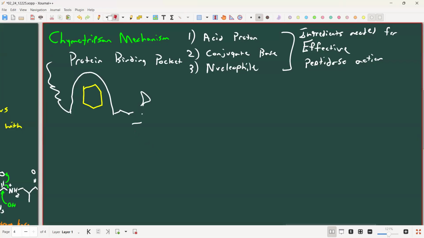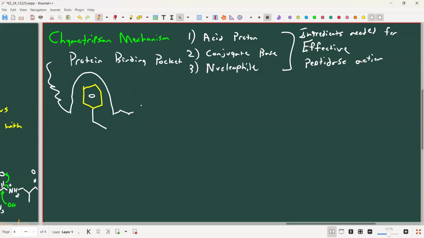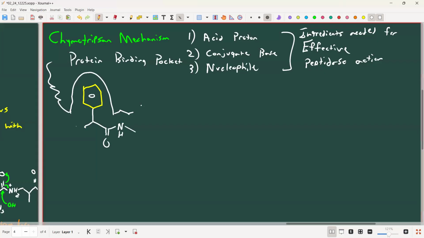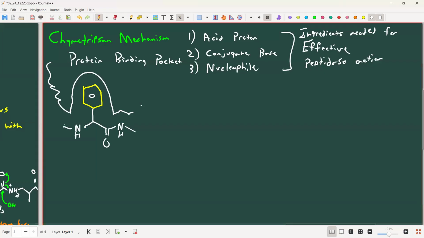It doesn't really matter here. It continues on. The tryptophan or phenylalanine, and the system continues on. So it sits in there.